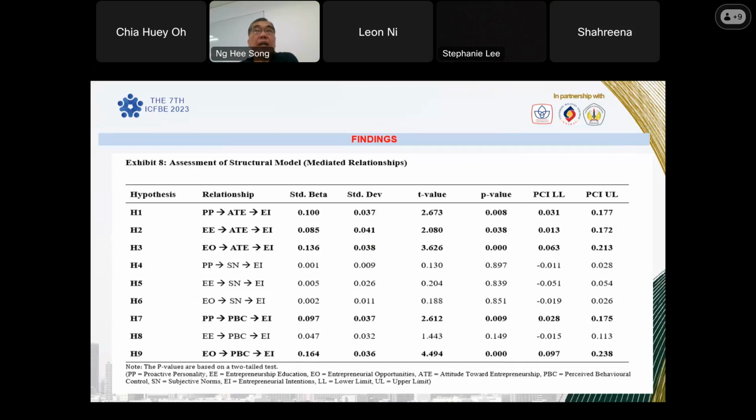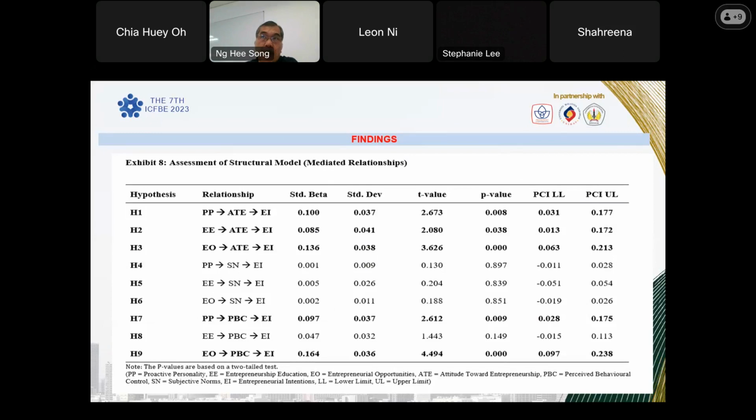So out of these 9 hypotheses, 5 are supported. So this is my result, mediated relationship. So from here, I can conclude that proactive personality plays an important role.